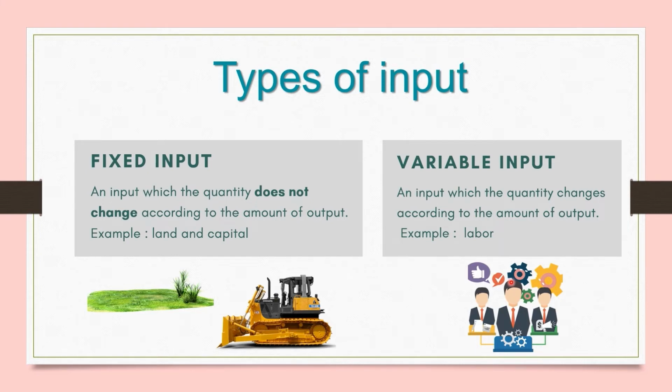In order to bake 20 chocolate cakes, we need to buy more flour, more eggs, more baking chocolate, more butter. Because if you only buy one butter, one egg, it is not enough to produce 20 chocolate cakes. So the more outputs we produce, the more inputs we need to buy. That is a variable input. Okay?